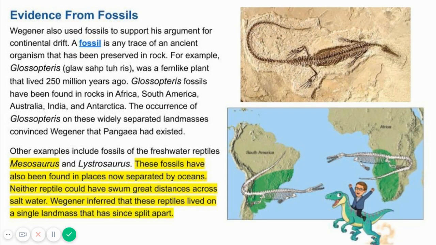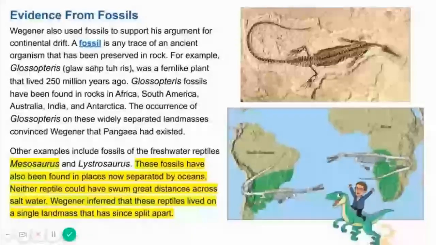Glossopteris fossils have been found in rocks in Africa, South America, Australia, India, and Antarctica. The occurrence of Glossopteris on these widely separated land masses convinced Wagner that Pangaea had existed.